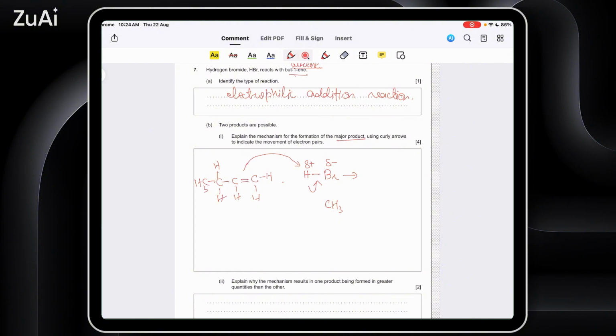The positive charge goes to the carbon which has less number of hydrogen. So that's why positive charge should be there and CH3. Now the Br is going to attack because it's more stable. It's the secondary carbocation which is more stable. That's why. Now the product should be CH3, CH2, CH bromine there and CH3.